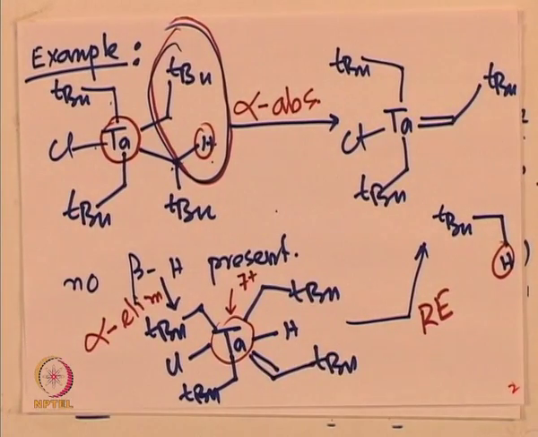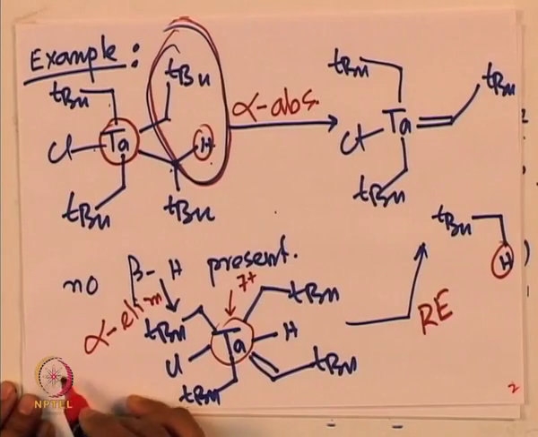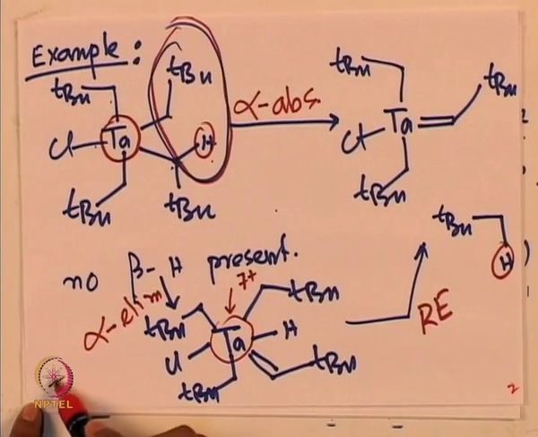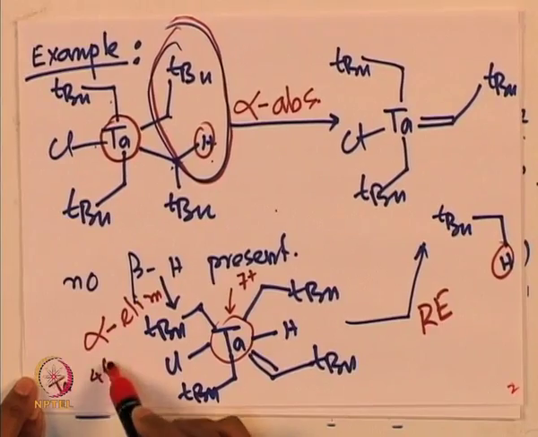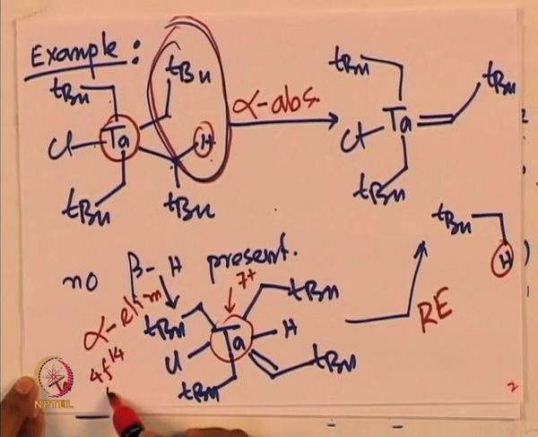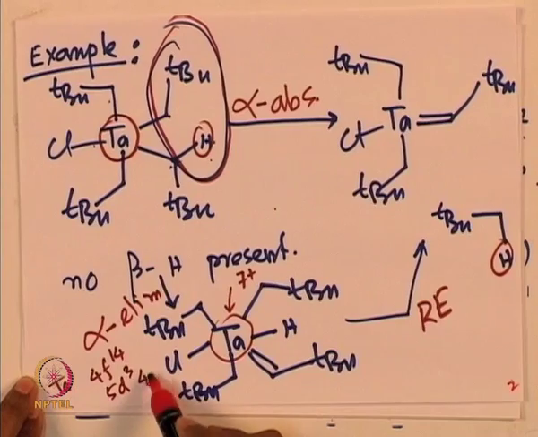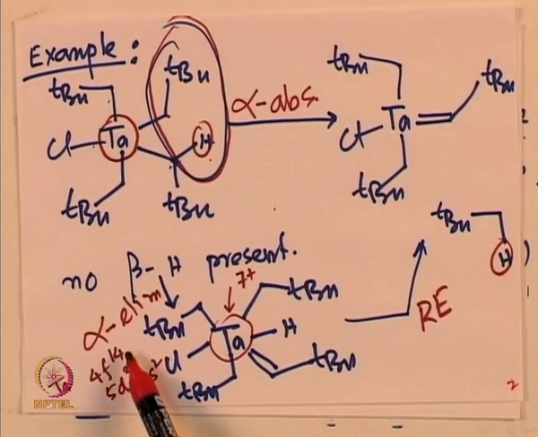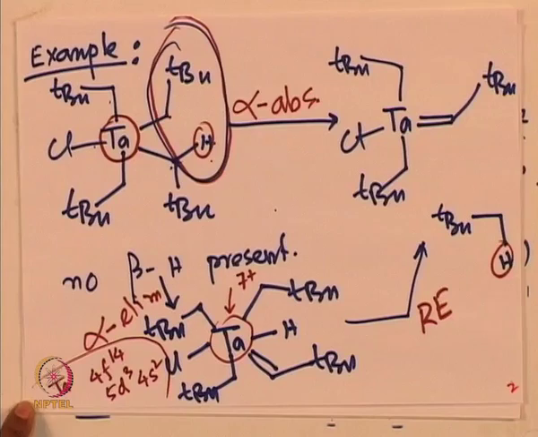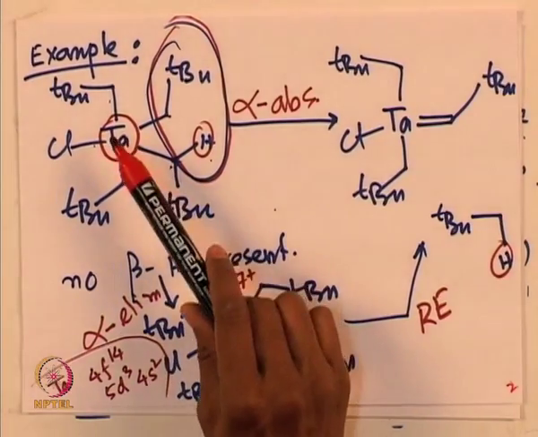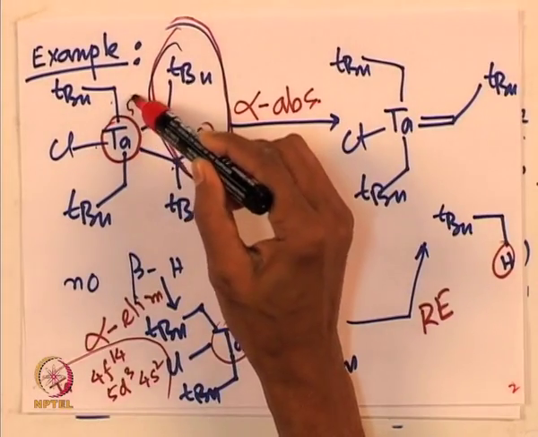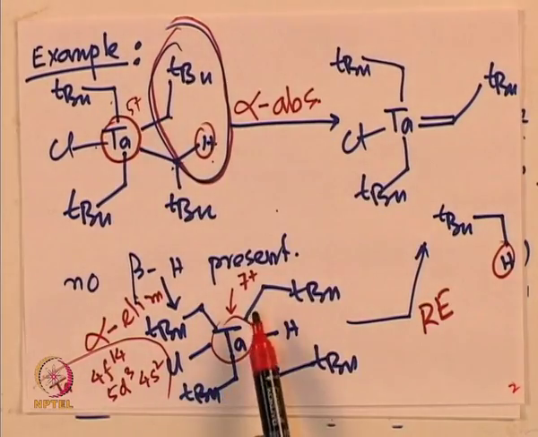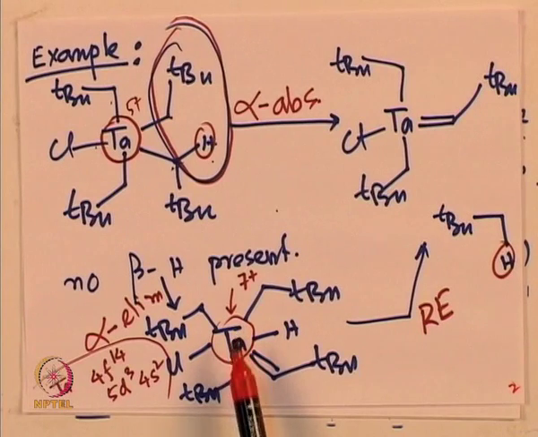Now, if you do the outer electron configuration for tantalum, you would know this is going to be 4f14, 5d3 and 6s2, right? If this is the outer electron configuration, you can see only 5 electrons, which means 5 plus is likely, and 7 plus for tantalum is an extremely bad process. So it's not going to happen.